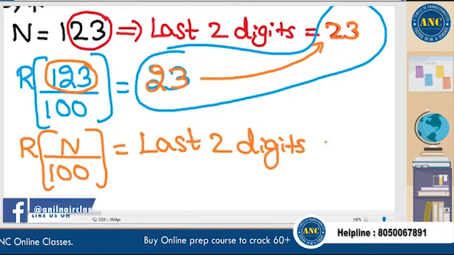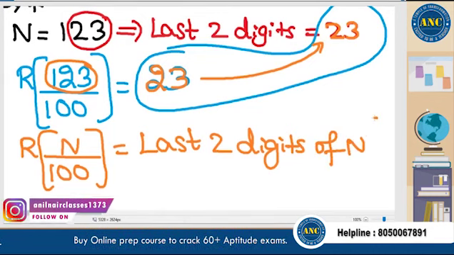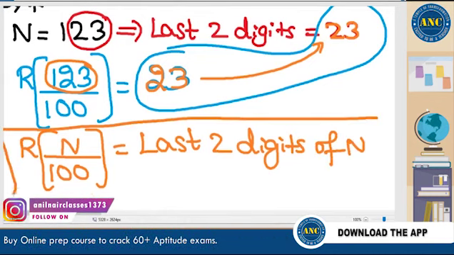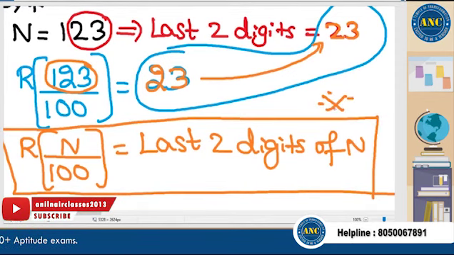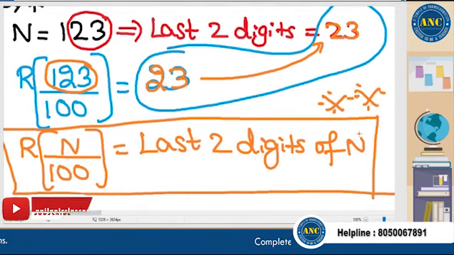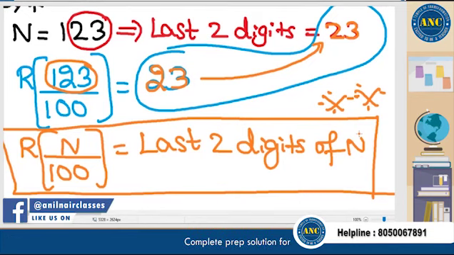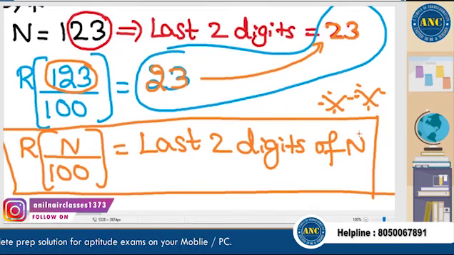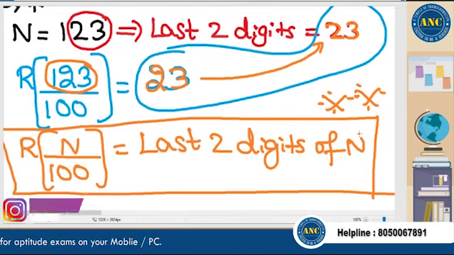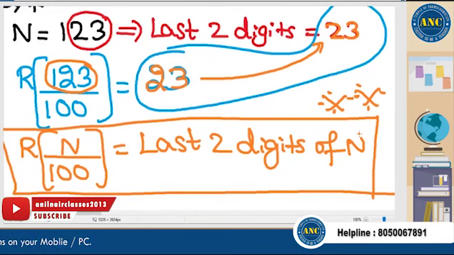The last two digits of any number n is nothing but the remainder when you divide that number by 100. I hope everyone is clear with this logic, sir.